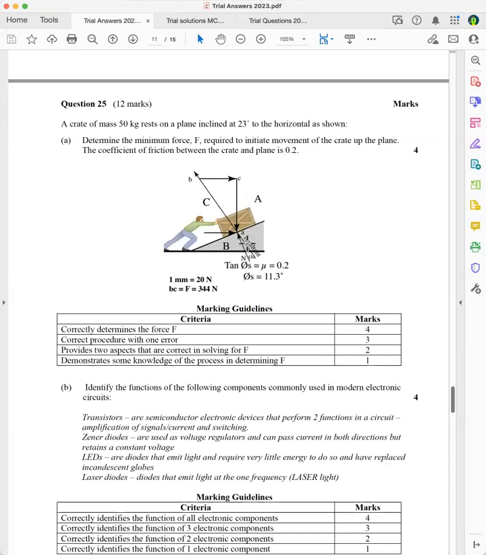A goes around to the resultant, B goes from the resultant to the pushing force, and C goes from the pushing force around to the vertical force. And then you just do your force diagram, and you can work out what the pushing force is. You make sure you show the examiner that you're using a scale here, and you just measure that, apply it to the scale, and you get the answer.